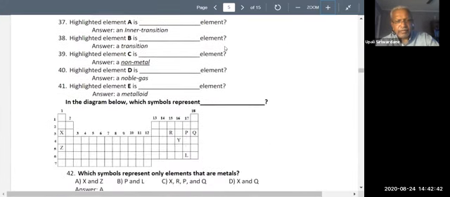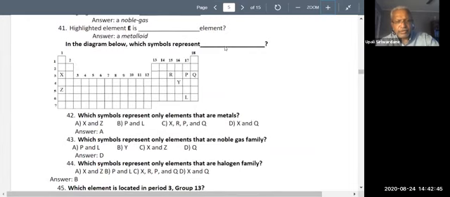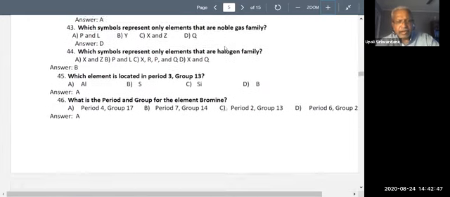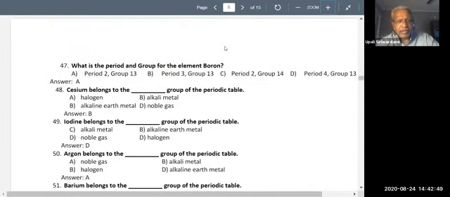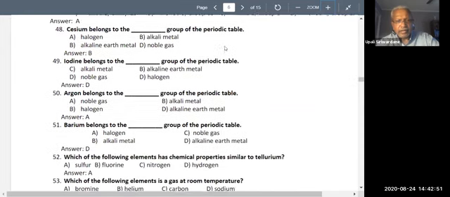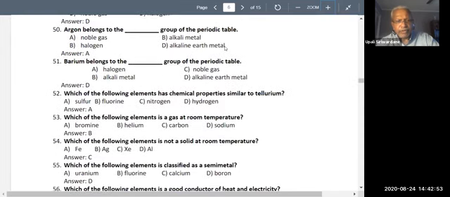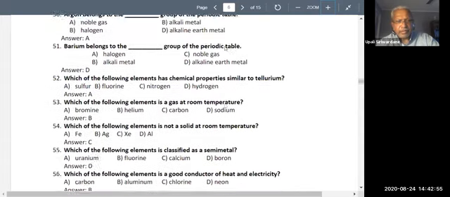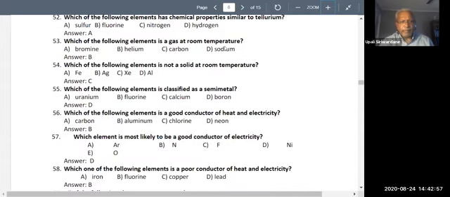Answers are there, so go over them carefully and you will understand which group boron is. For the names of compounds we also have questions.